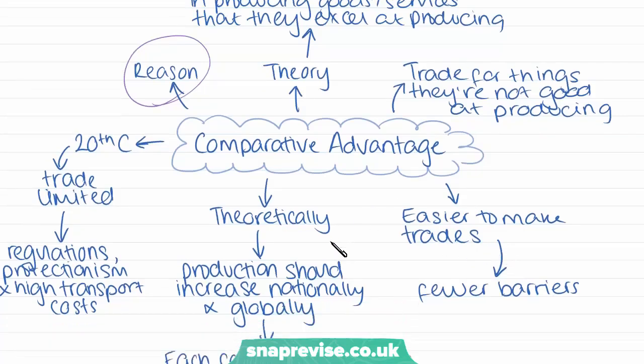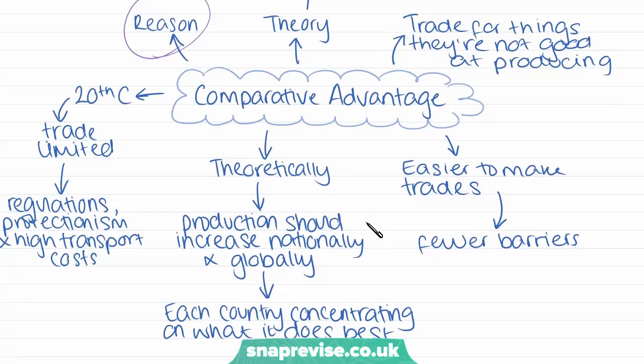So theoretically, production should increase because of comparative advantage, both nationally and globally, and this is because each country is concentrating on what it produces best.